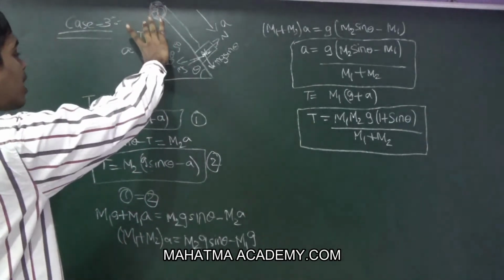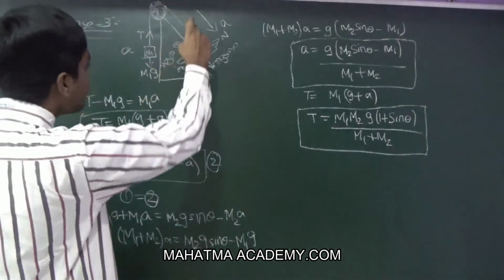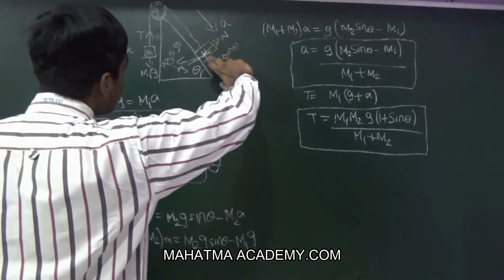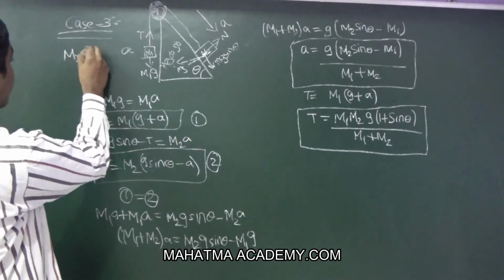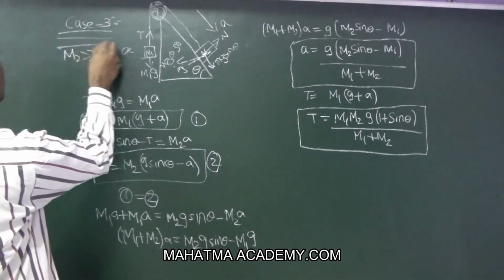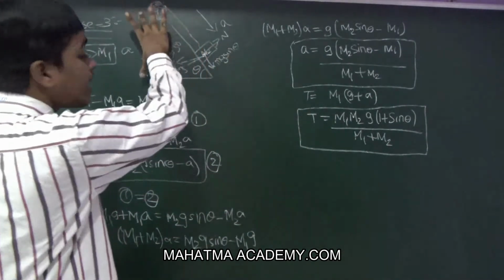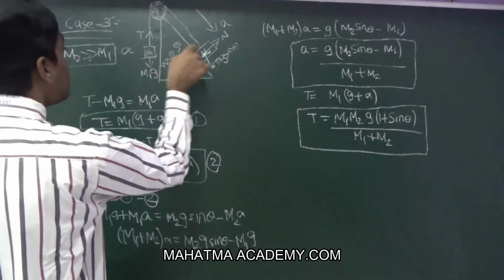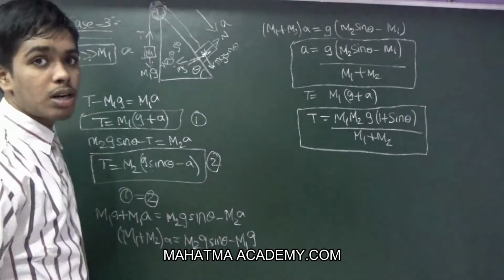Now if we take the free body diagram of the M1 block, it is going upwards because M2 is greater than M1. The body will move upwards, so the tension will be more.